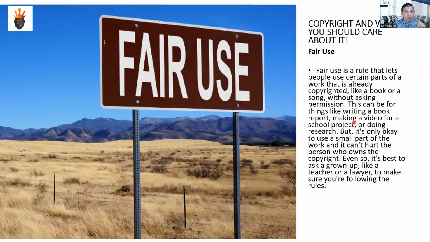But there is a rule that this can only be done for things like writing a book report, making a video for a school project, or doing research for something. Okay. And it's only okay to use a small part of the work. And it's really important that it can't hurt the person who owns the copyright. So if you break any of those rules, you're still in trouble. But if you follow those rules, it means you can use bits for your presentation or for some educational research.